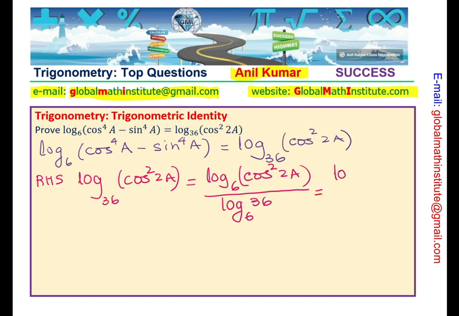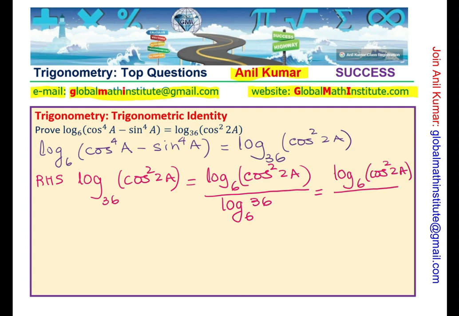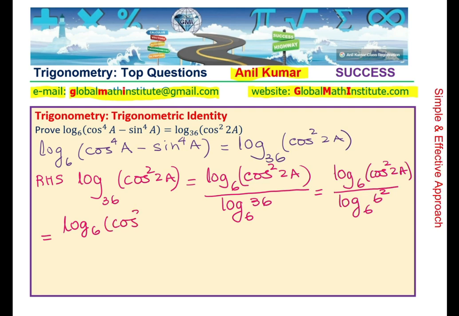Now 36 is 6 square, and so the denominator is 2. So we can rewrite the right hand side as log to the base 6 of cos square 2a divided by 2.